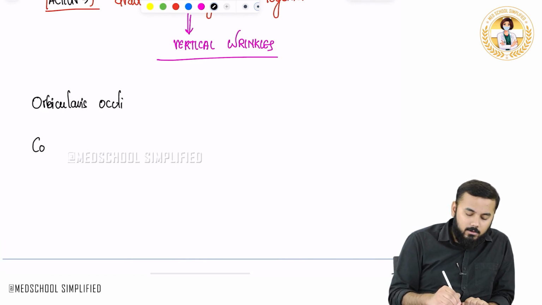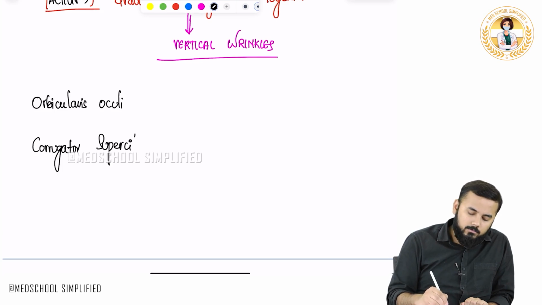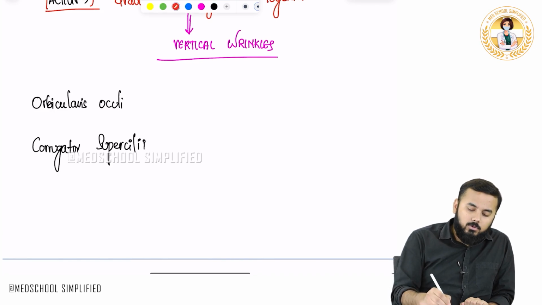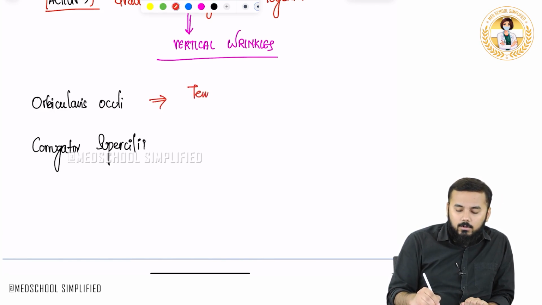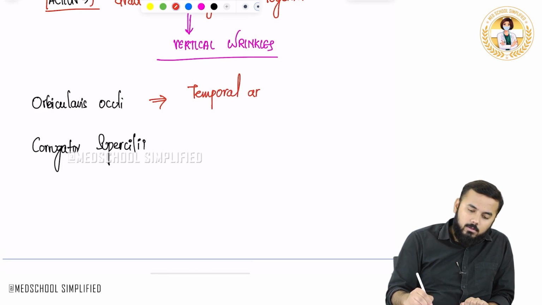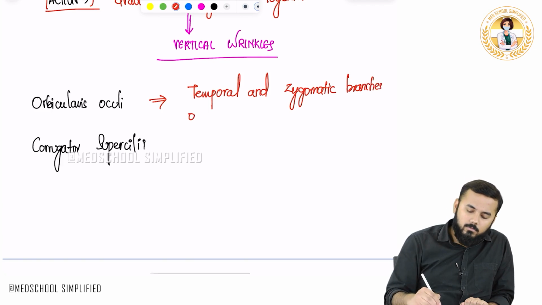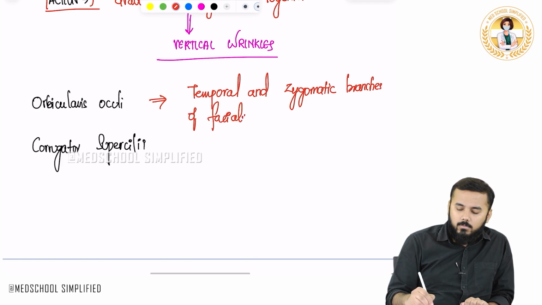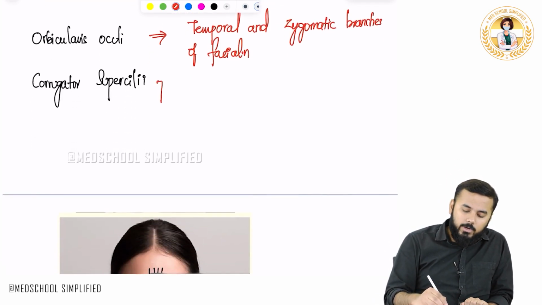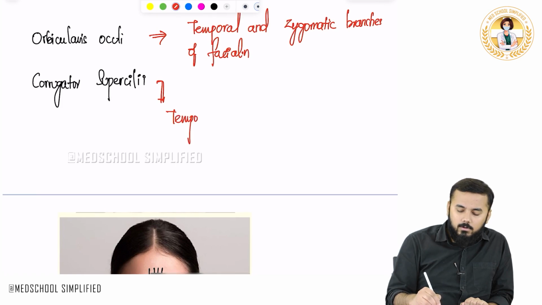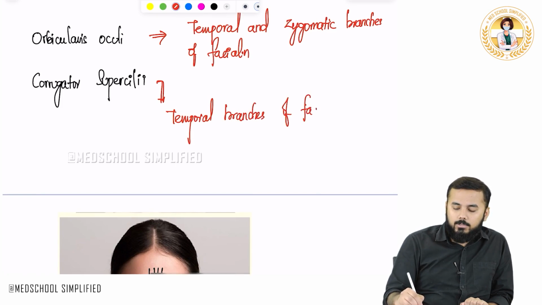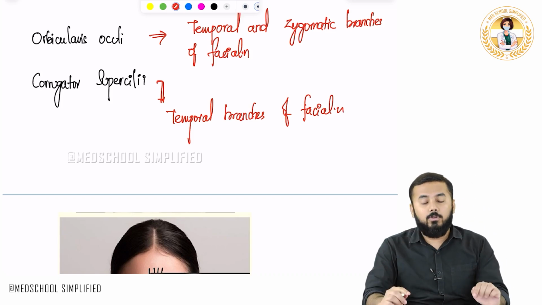So orbicularis oculi is your temporal and zygomatic branches of the facial nerve, and corrugator supercilii is your temporal branches of your facial nerve, right?